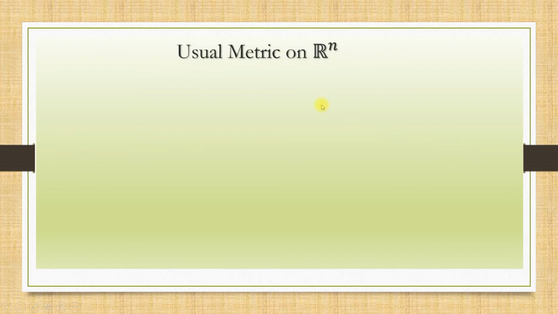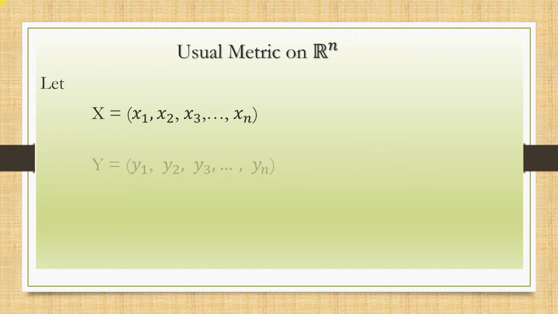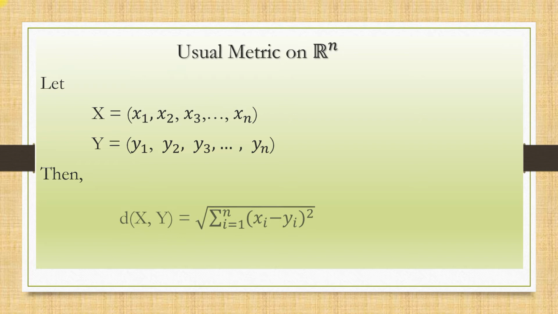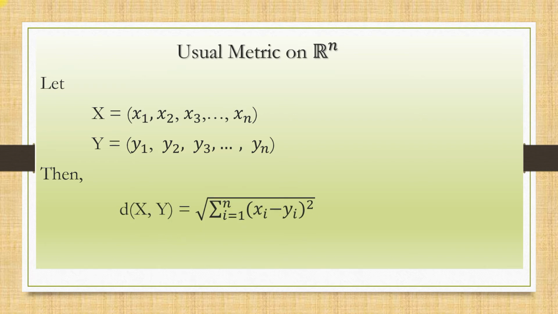In general, the usual metric on Rn is given by: x equal to the n-tuple (x1, x2, x3, etc., xn), y equal to the n-tuple (y1, y2, y3, etc., yn). Then the distance d(x,y) equals the square root of the summation i equal to 1 to n of (xi minus yi) whole square. That is the square root of (x1 minus y1) whole square plus (x2 minus y2) whole square plus etc. plus (xn minus yn) whole square. This is the so-called usual metric on Rn.